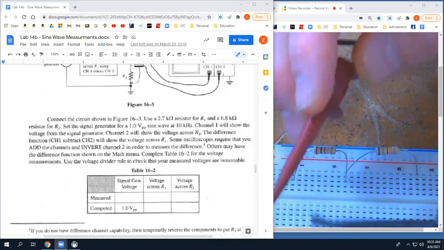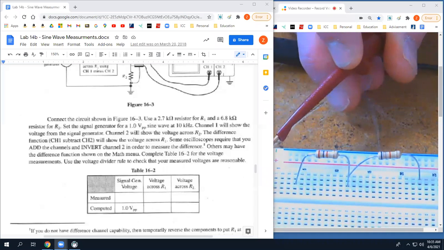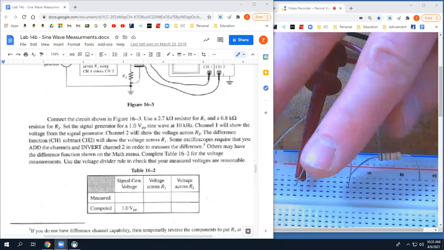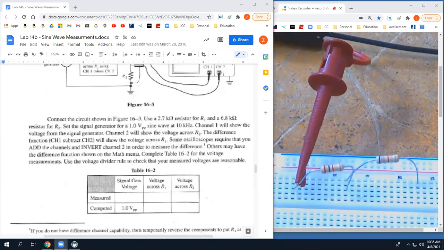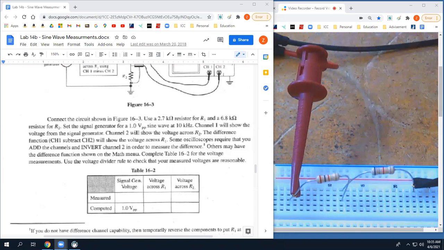These are the probes from my function generator. And I'm going to hook the red up to R1, and I'm going to hook the negative up to R2. And now I have a series circuit.